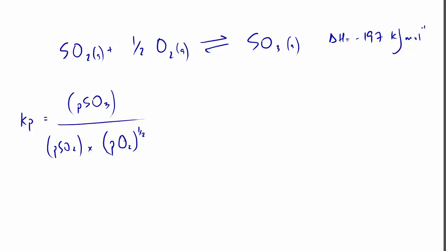Basically, long and short of it, without getting really complicated and doing it mathematically, Kp does not change, and the reason is that any change that occurs here, any difference in pressure or whatever, is ultimately accounted for within movements of these numbers here, within the sulfur trioxide, the dioxide, and the O2.